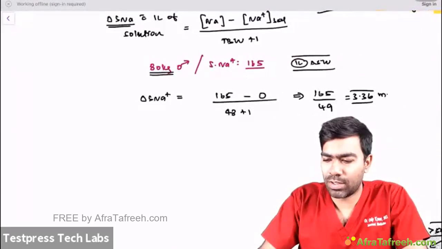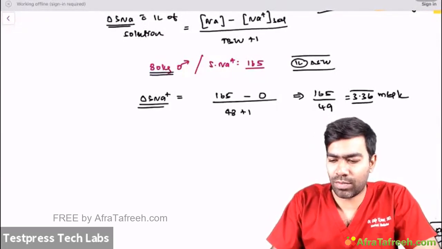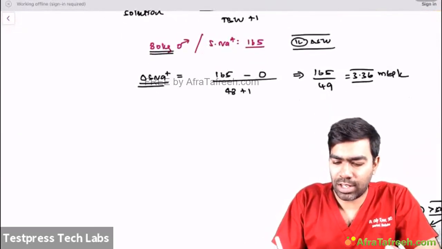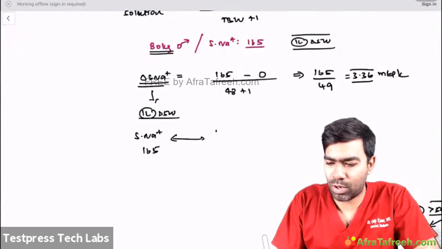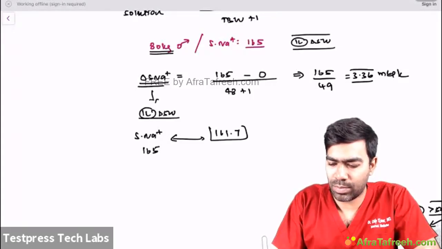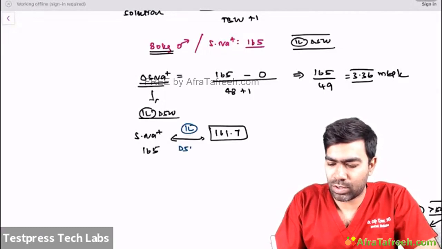This will be the change in the serum sodium if you give 1 liter of dextrose 5 water. Initially it was 165, and it will change to probably 161.7. So this will be the serum sodium if I infuse 1 liter of dextrose 5 water.